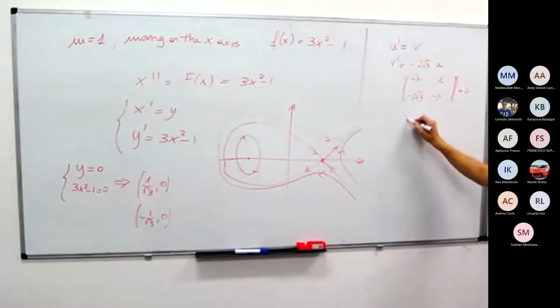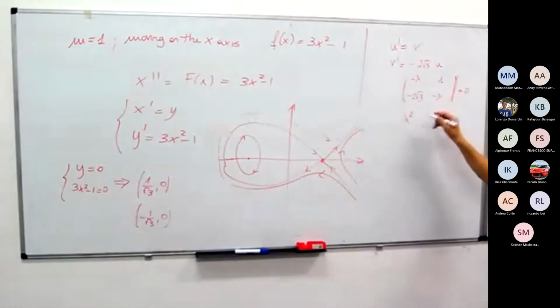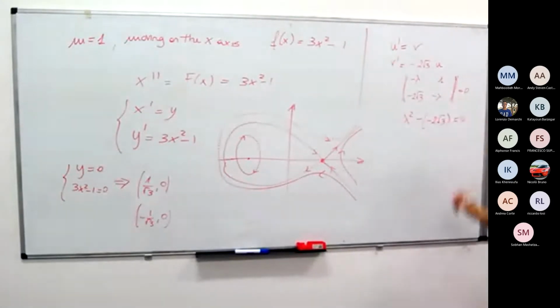So the determinant is lambda squared minus 2 square root of 3 equal to 0. Which means lambda squared plus 2 square root of 3 equal to 0, which means that the solutions are lambda equal to plus minus i times the square root of 2 square root of 3.